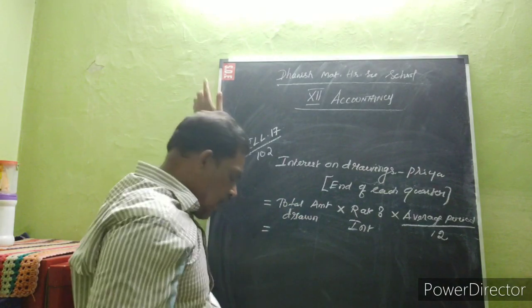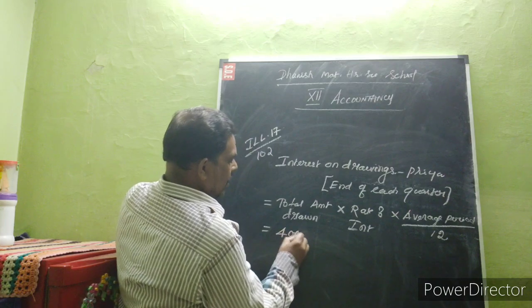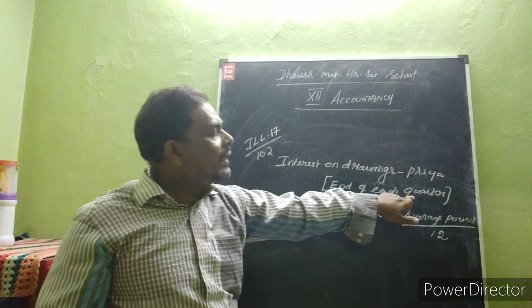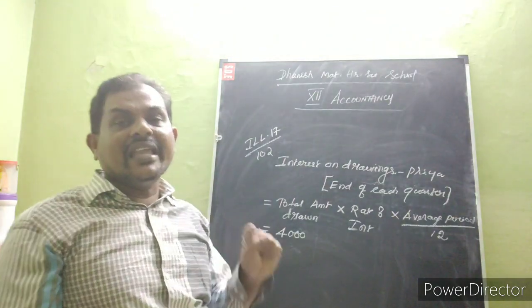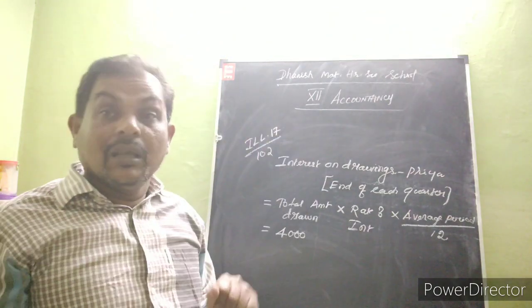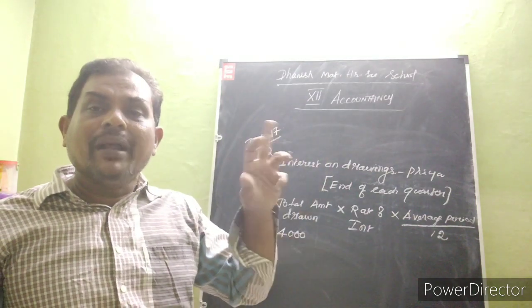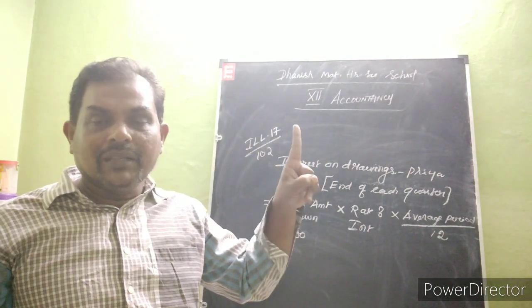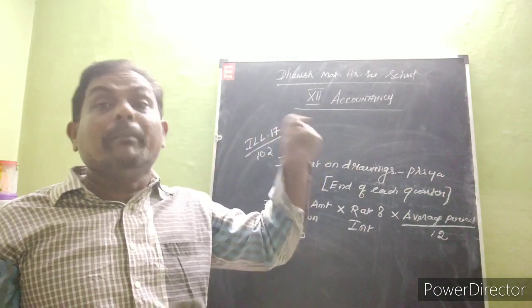Total amount drawn: how much is she taking? She is taking rupees 4,000, but every quarter. Every quarter means in a year there are 4 quarters. In the previous sum we have seen every month, that is what we multiplied. Every month she is taking 1,000, means 1,000 into 12 for monthly.